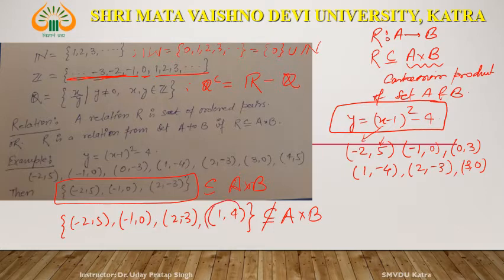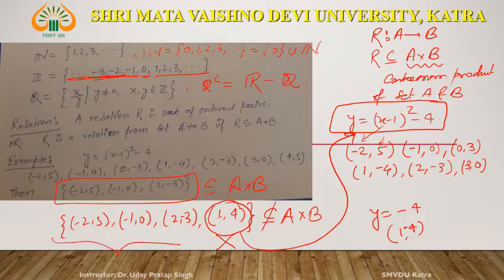Since 1 is not related to 4. By putting x equal to 1, we find y is equal to minus 4. That is, 1 is related to minus 4, not with 4. Therefore, 1 and 4, these two elements have no relation. So, this set is not a relation.